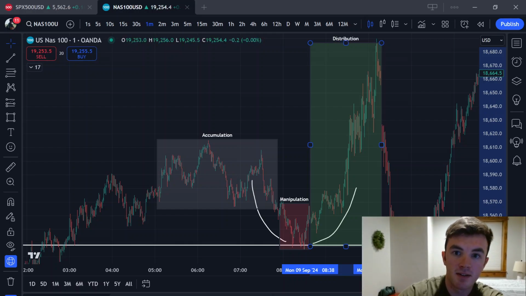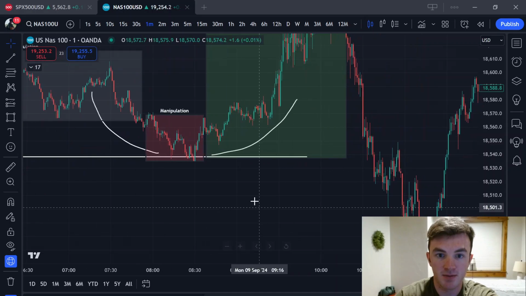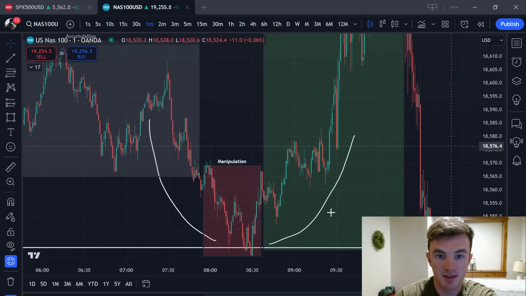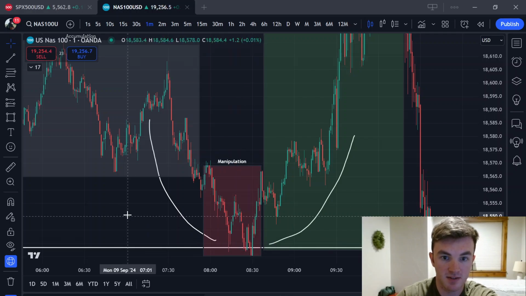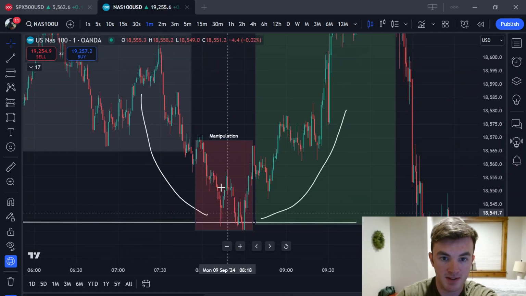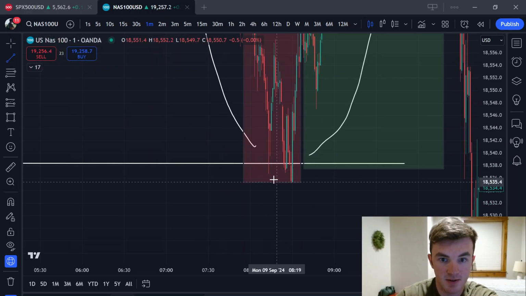But for simple terms, you take the final manipulation move. So in this case, usually the internal sweep. So like, see this final move down, that swept liquidity. This was an internal sweep down here. See that?